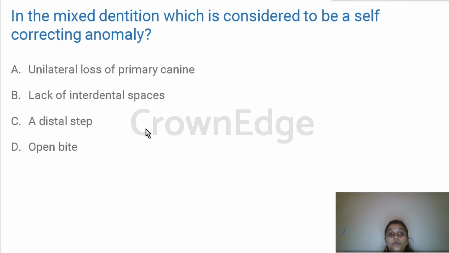So it is actually not a very good thing. Lack of interdental spaces, like I said, non-space dentitions lead to crowding. Distal step is the correct answer. So C is the correct answer for this particular question.